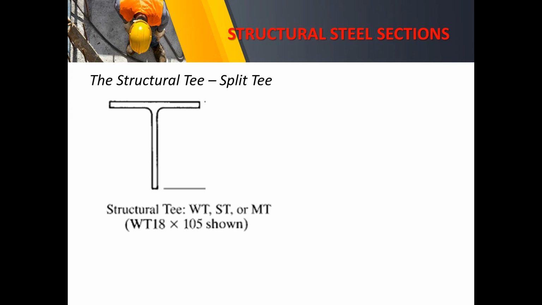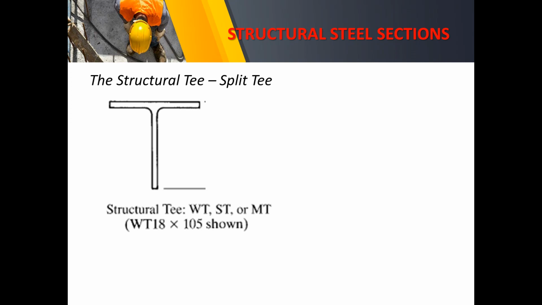They split some sections, like the flange section, the standard S or your I-beam, or the channel will be split, okay? There is a slice and it becomes a structural T. So the structural T can be WT, where the parent section of WT is the flange or the W sections.